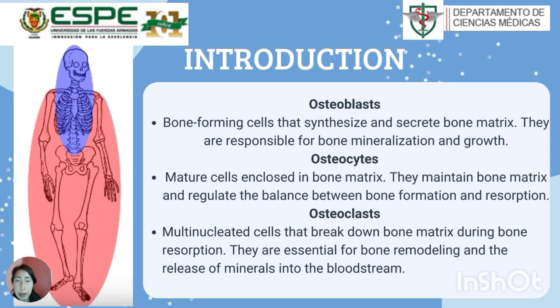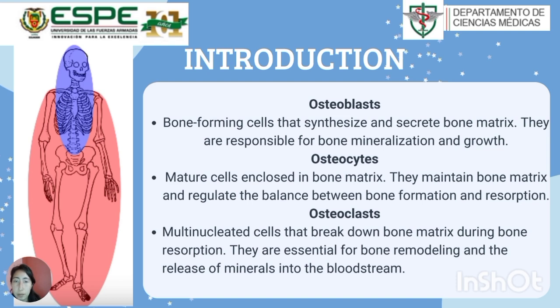Bone cells play a crucial role in the maintenance and remodeling of bone tissue. Osteoblasts are bone-forming cells that synthesize and secrete bone matrix, thus contributing to bone mineralization and growth.